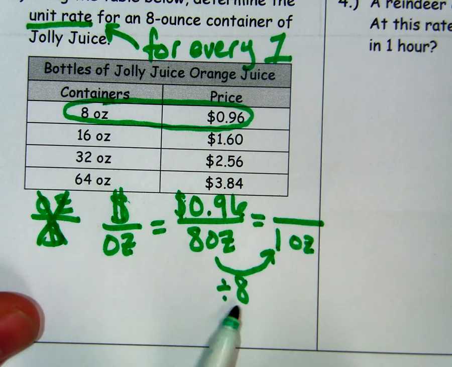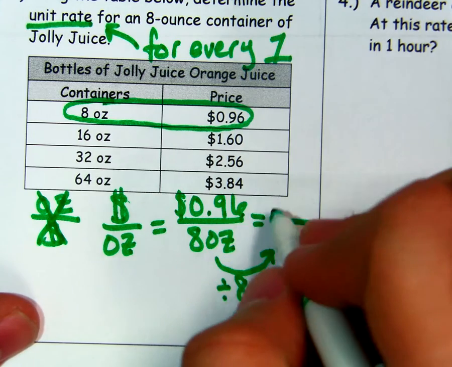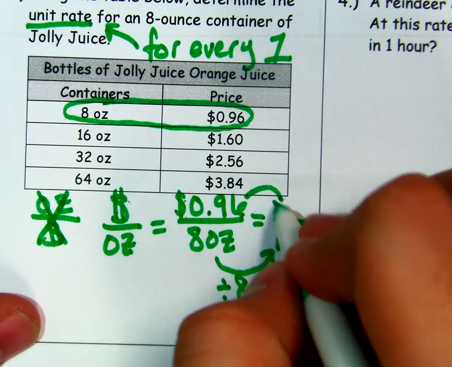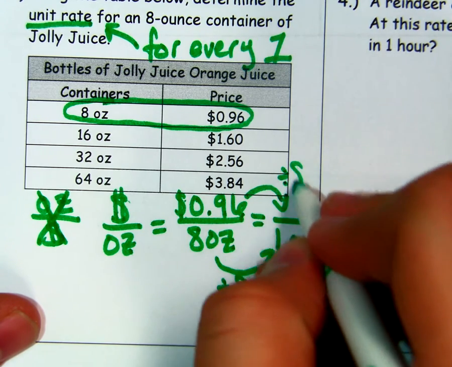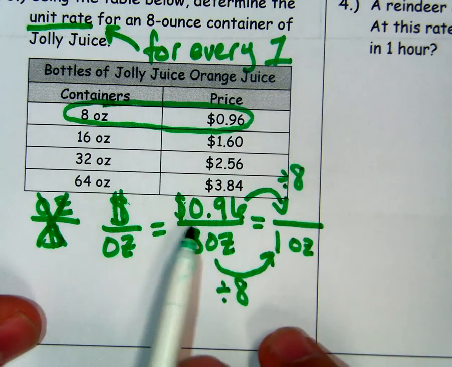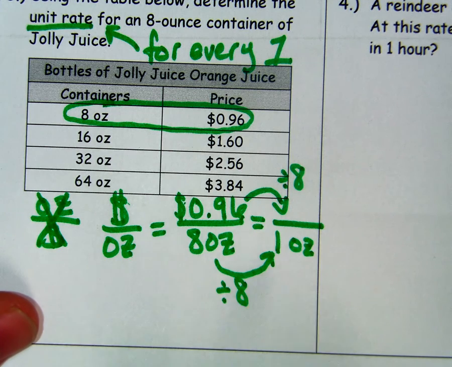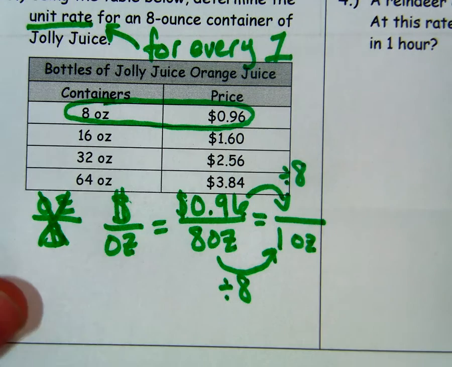Since 8 divided by 8 is going to give me that 1 ounce. But whatever I do to the bottom of my ratio, I have to do to the top in order to keep our ratio equivalent. So I'm going to divide this 96 cents by 8 in order to figure out how much it costs for 1 ounce.